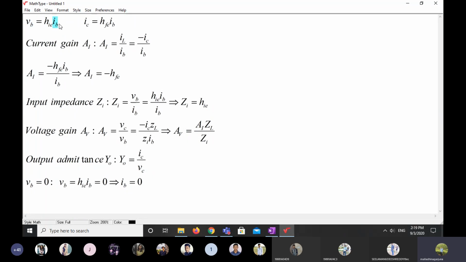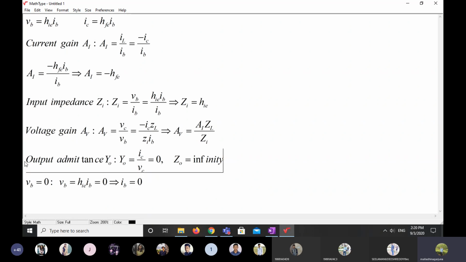If IB is 0, then the IC value is also 0. If IC is 0, substituting here we get Y naught equal to 0. If output admittance is 0, then output impedance becomes infinity. So output admittance is 0 here.